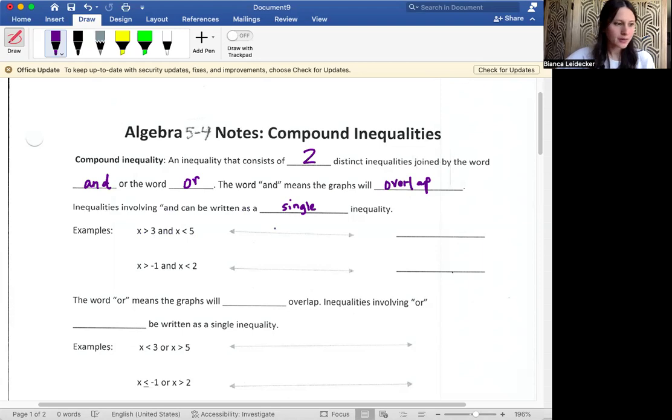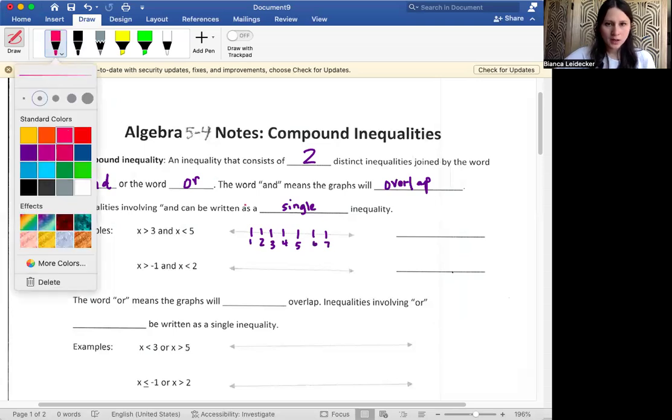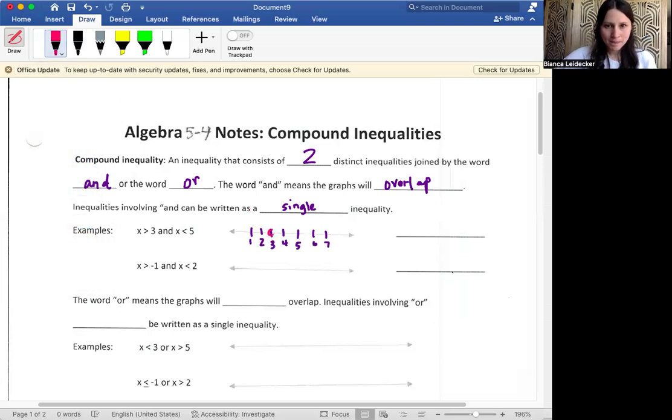If we were to graph this, we would have, let's see, 1, 2, 3, 4, 5, 6, 7. And when I graph this, x could be greater than 3, so it would be going this way. Or x could be less than 5. 5 is right here.